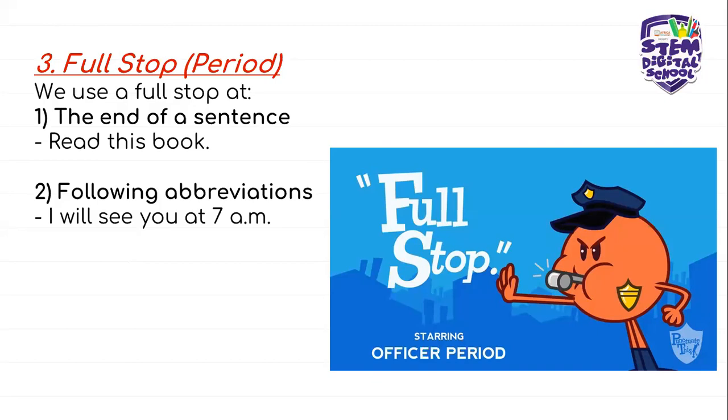So, read this book. But we also use a full stop at the end of an abbreviation, like, I will see you at 7 A.M. So that is a different way we use a full stop or a period.